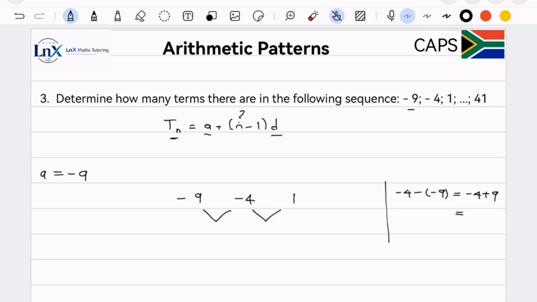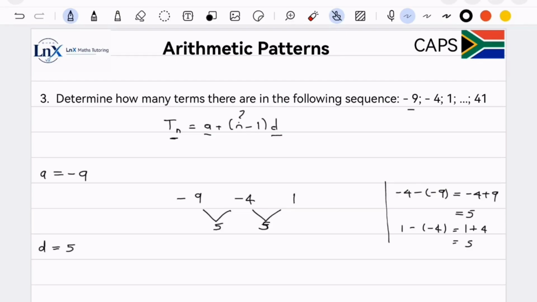That will give you 5, right? And then we also have 1 minus (-4). A negative sign by a negative sign will be a positive, so that is 1 plus 4, which gives us 5. So the difference here is 5. So that's our common difference, 5, right? So our d is equal to 5.